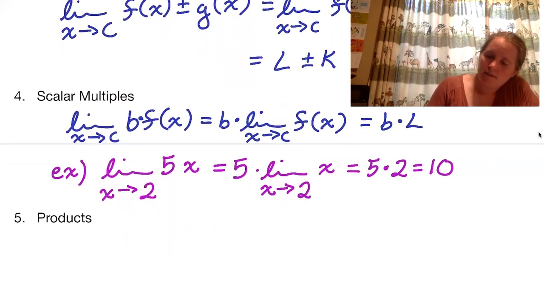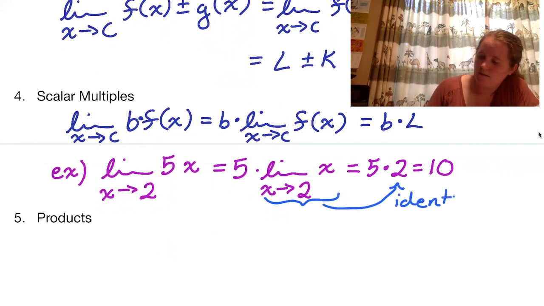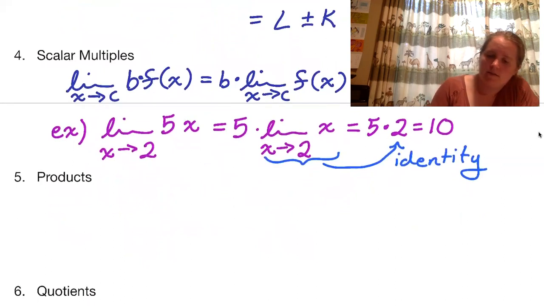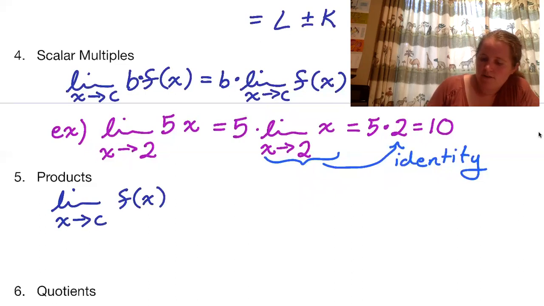So again, going from this to here, that was the identity. Next up, we have products. So the limit as x goes to c of f of x times g of x.